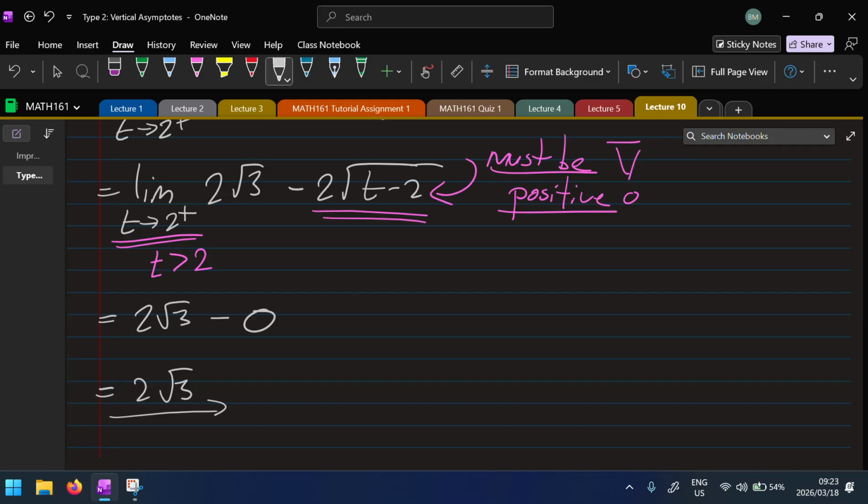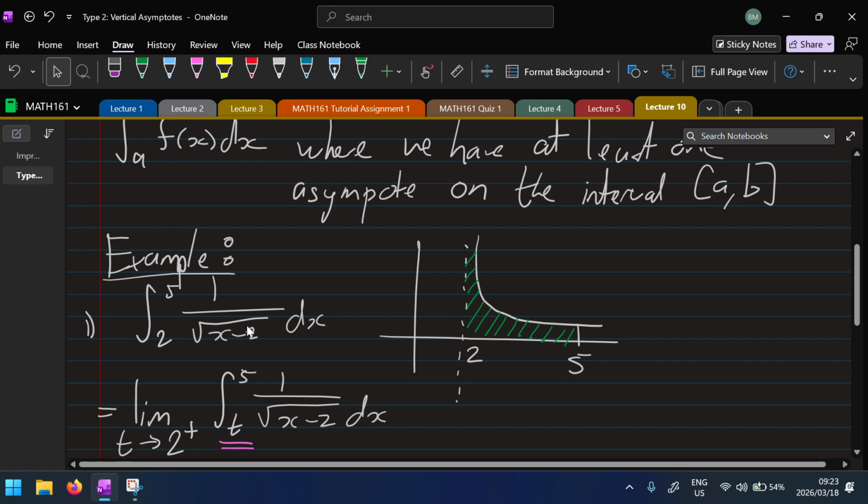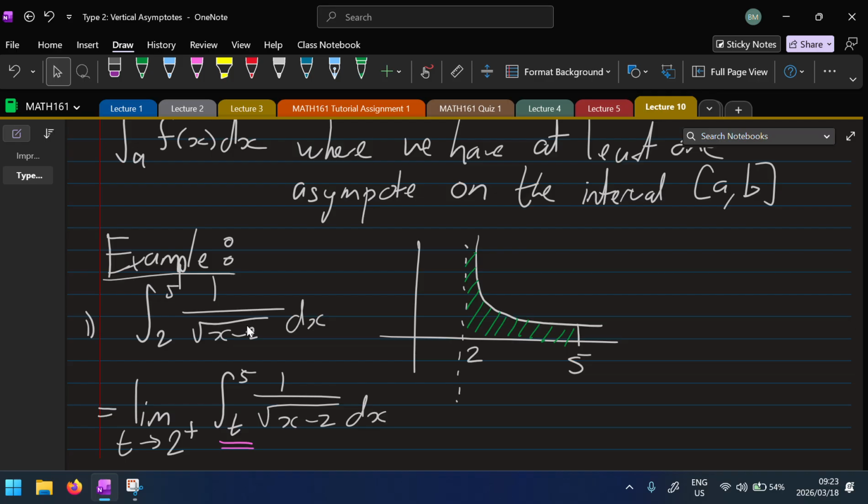Okay. So again, this looks very similar to what we did last time with the u substitution, but you see all the other work we have to do, right? With the limits and the asymptotes and all of that. Now again, in the test, not this test one, the next test 2, I'm going to give you a list of integrals to do. I'm not going to tell you which ones are improper and which ones are not.